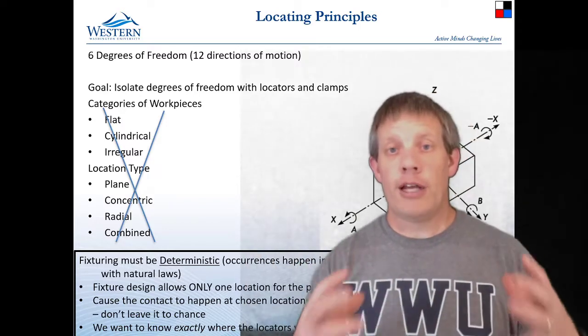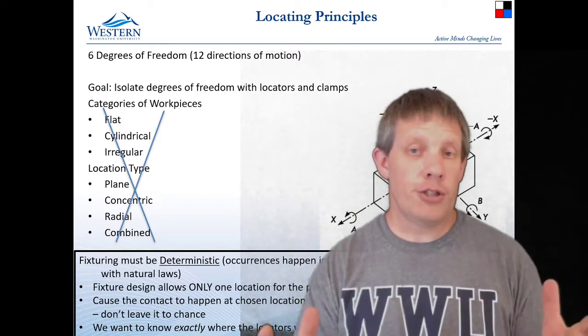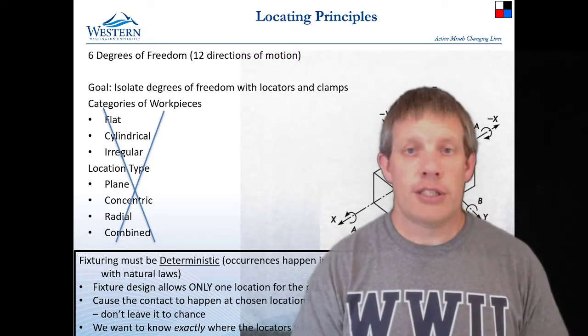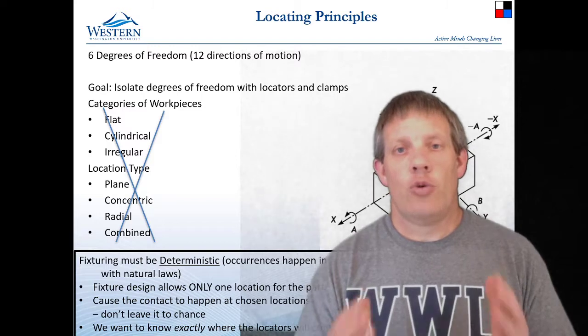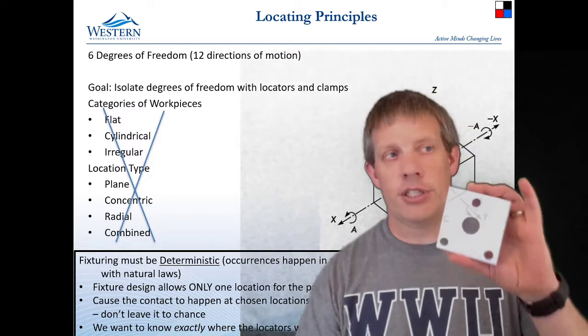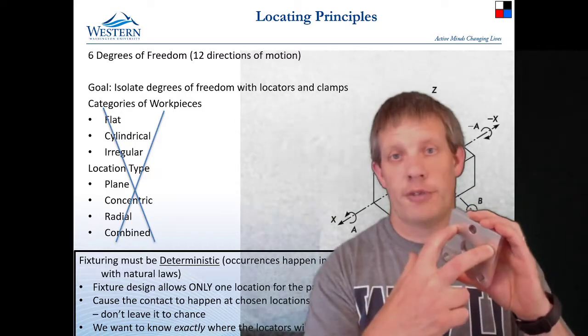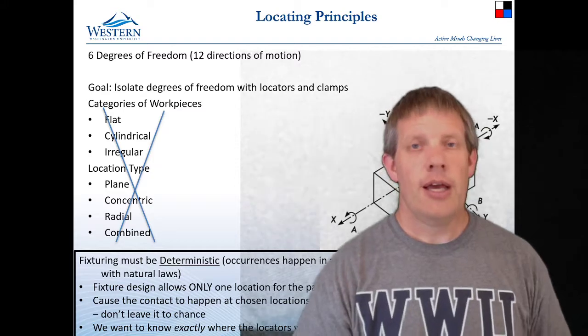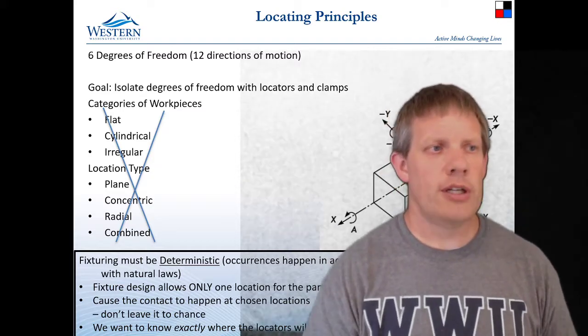That means that our pressure is really big. And remember that pressure has the units of stress. So we will exceed the yield stress, and instead of positioning this part, we'll just deform this part. So we can't go to infinitesimally small contact points. We have to be somewhere in the middle.